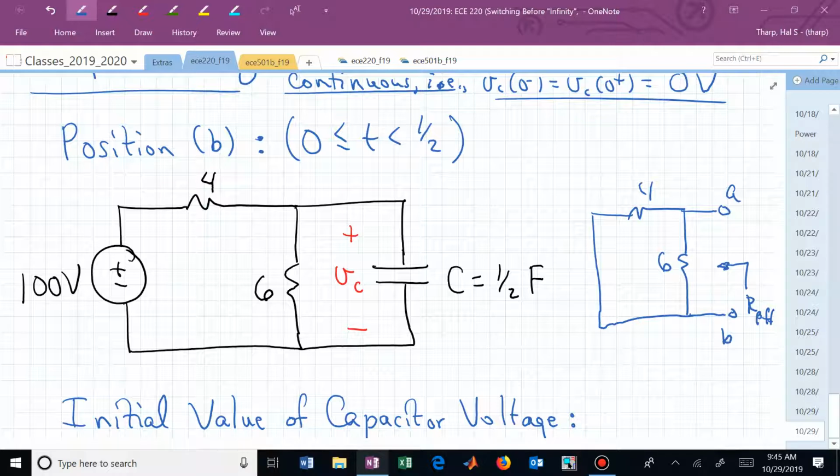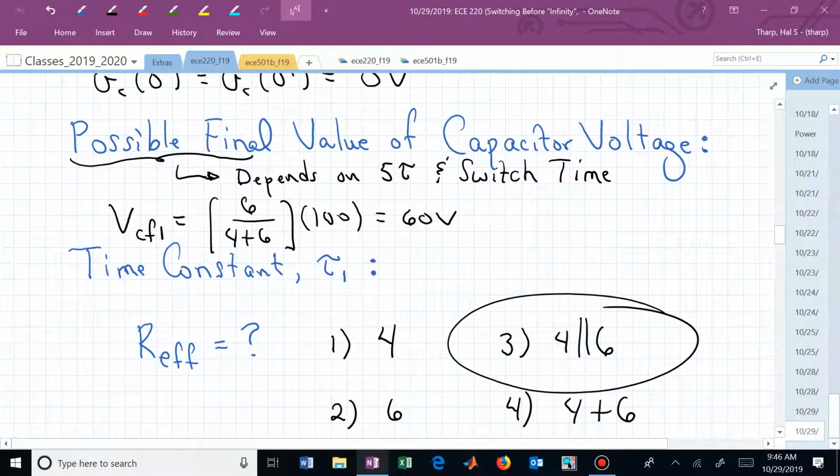Between nodes A and B, we now have the parallel combination of 4 and 6, and what is that? Less than 4. Now we have 4 times 6, 24, divided by their sum, 10. So it's 2.4 is the resistance.